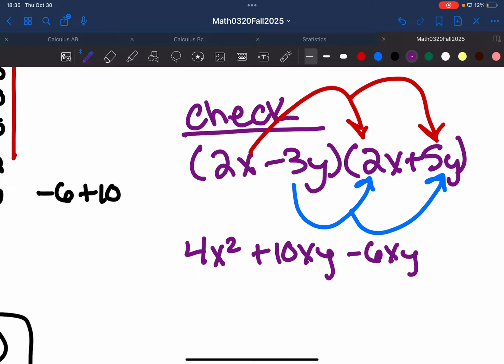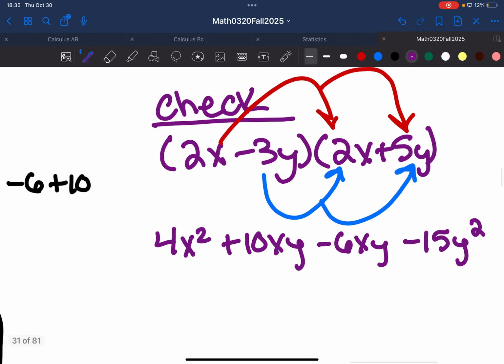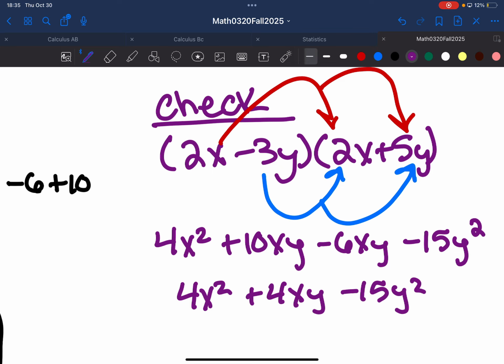And then negative 3y times 5y, negative 15y squared. I can combine the middle terms because they're both x and y's. So I have 4x squared plus 4xy minus 15y squared.